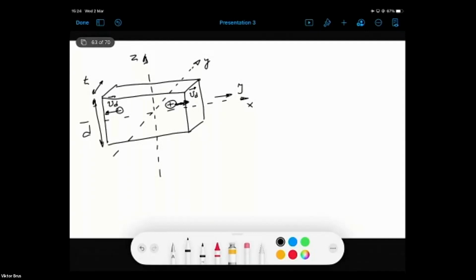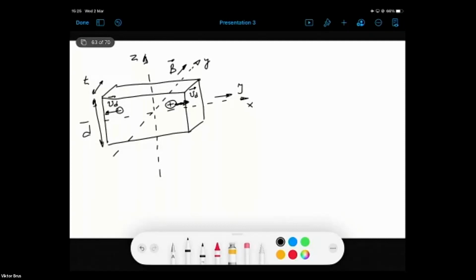So now we assume that the magnetic field vector is oriented along axis Y. So you see that the magnetic field is perpendicular to the direction of electric current.